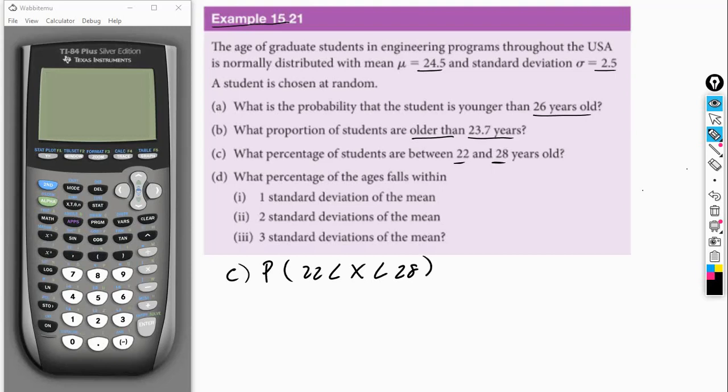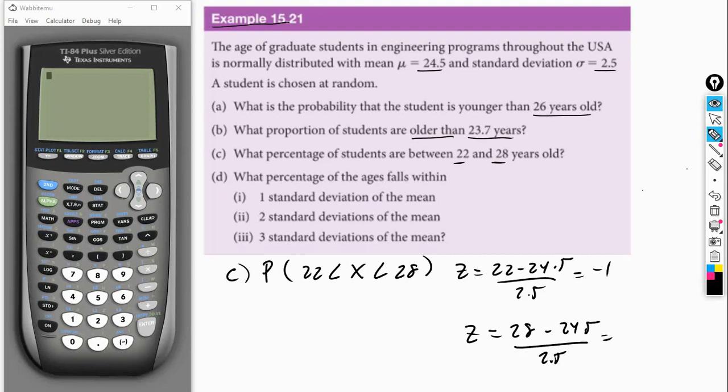The z-score for 22 is going to be 22 minus 24.5 divided by 2.5, and this is going to give us negative 1. The z-score for the upper limit is going to be 28 minus 24.5, divided by 2.5, and here we're going to get 1.4.